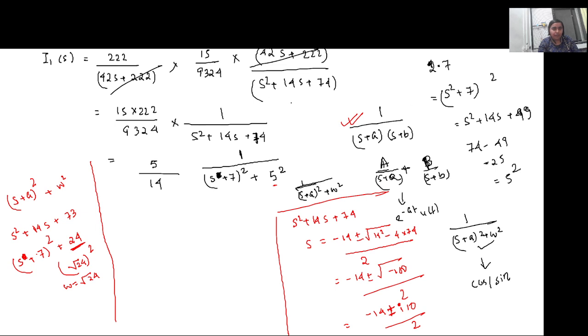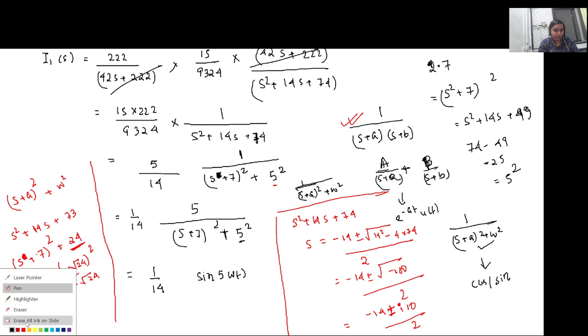So what we do is, this 5 we take inside, so it will be 1 by 14 times 5 by s plus 7 whole square plus 5 square. Right? Now it is in the form of the inverse of sine omega t. So 1 by 14, here omega is equal to 5, so sine of 5t.